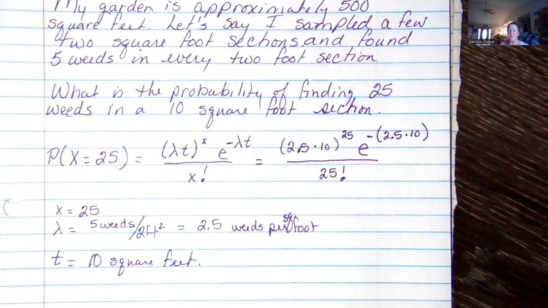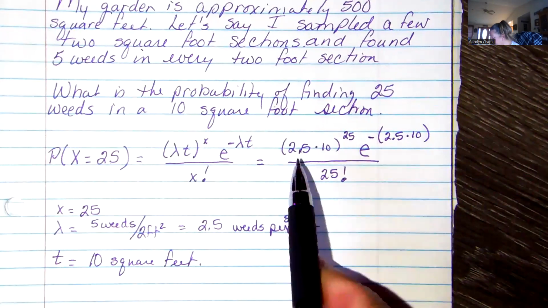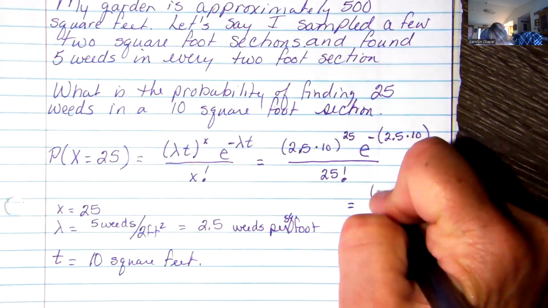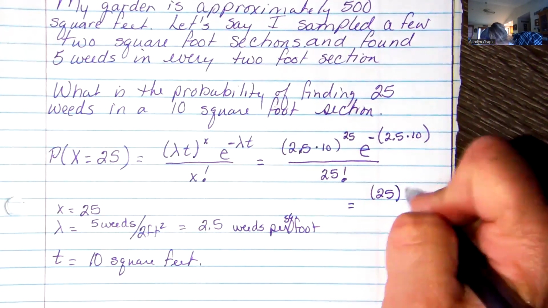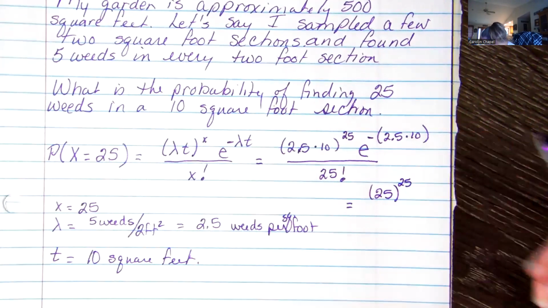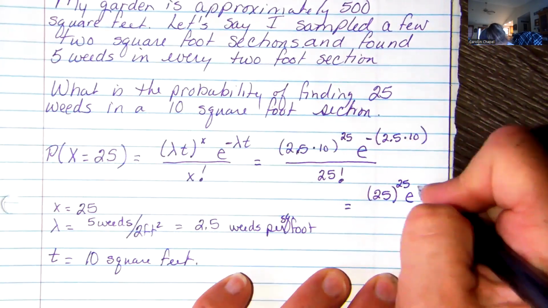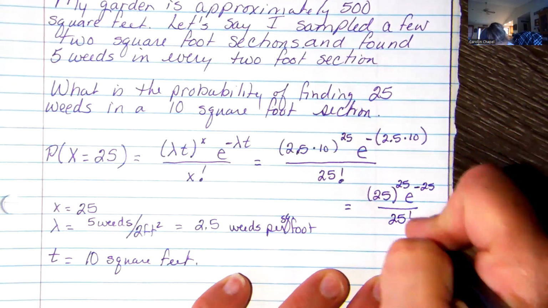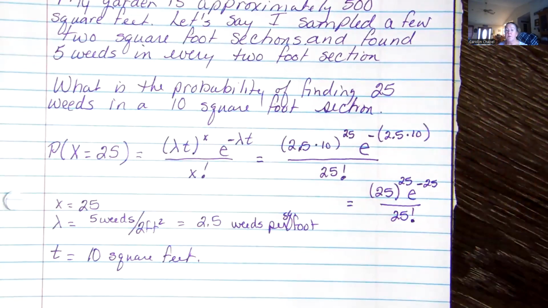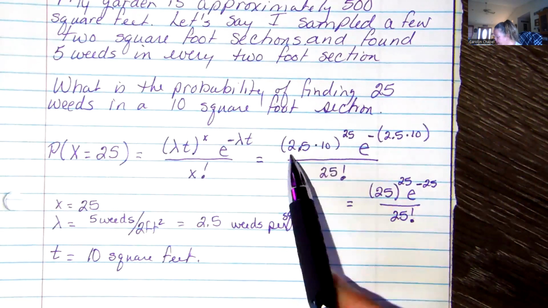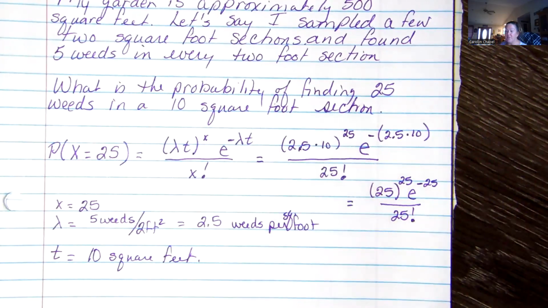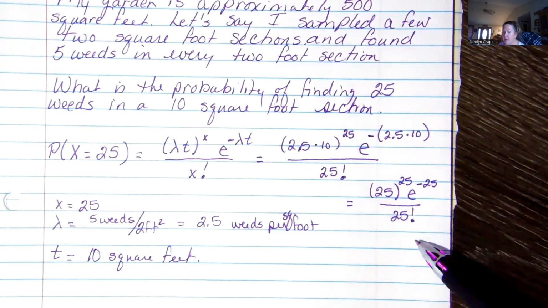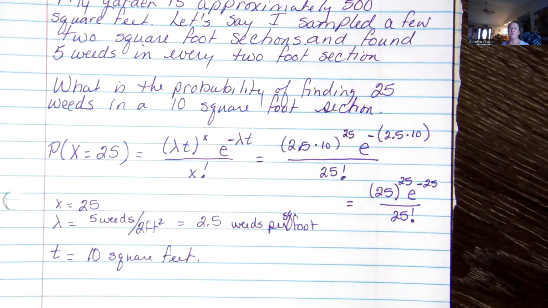I'm going to clean that up and multiply this 2.5 times the 10, so that's 25 to the 25th, e to the negative 25, all over 25 factorial. The fact that 2.5 times 10 gives us a 25 is just a coincidence. It just turns out this time that we have lots of 25s floating around in there.